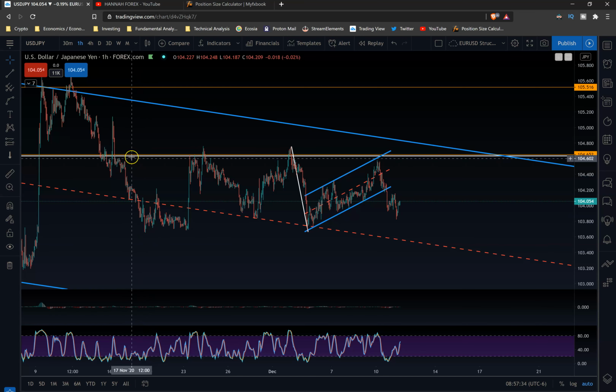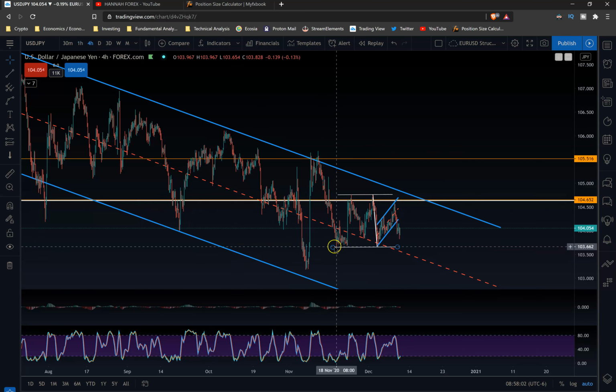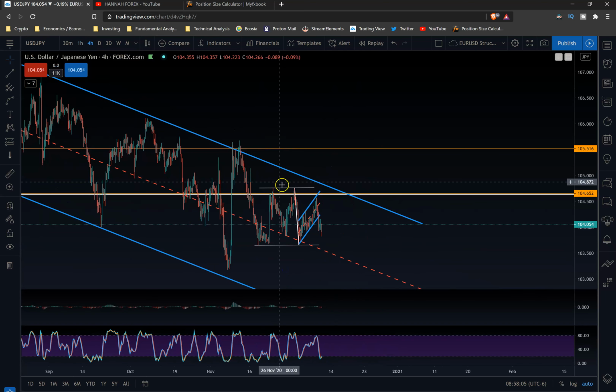So this thick white line is the bottom of that right angle. It has come down, tested it, came down, made a higher low relative to this high, tested it again, came down. So essentially it's in the range right now. It made a lower high. So what I'm thinking is this is a double. Not only do we have a double top, but a double bottom. We have more touches on this bottom. Let's go to the 4 hour. We have more touches on this bottom right here than we do at this top.